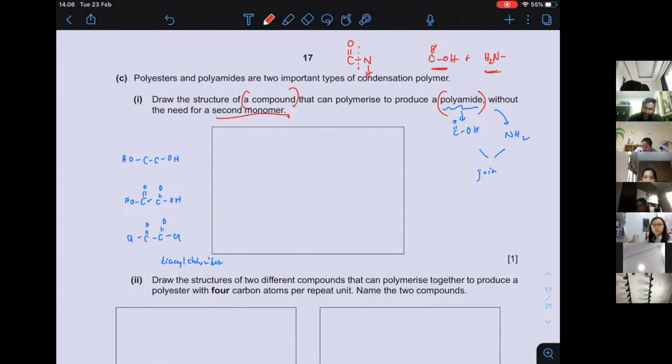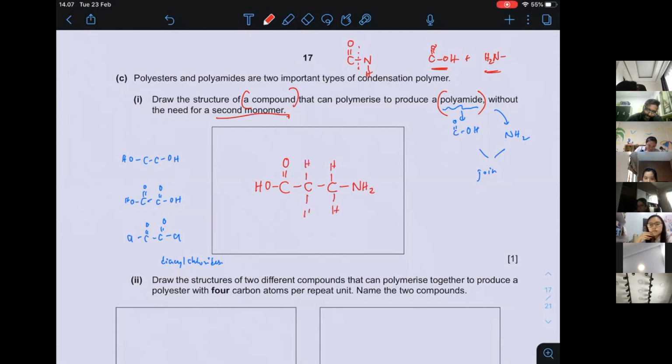So quite simple. Just put C and then carbon double bond OH like this. This is going to be one part. If you want another C, it also doesn't matter how many C you put. But make sure that at the end you put NH2.